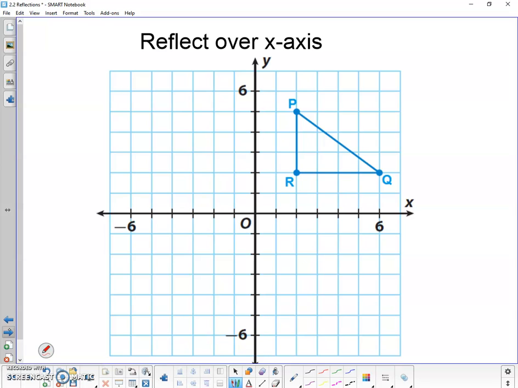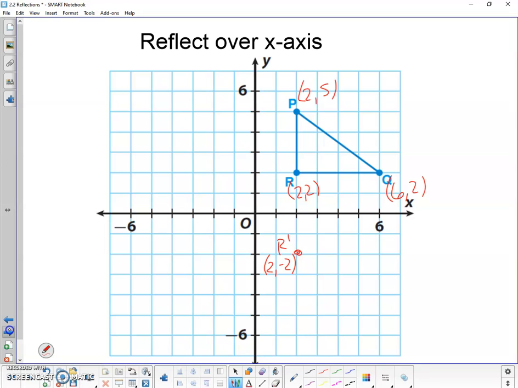Again, we've got the same coordinates, but this time we're flipping it from top down. Let's start with R. Where will R end up? Down here. So that's R prime, that's still at 2, but negative 2 for a Y value.